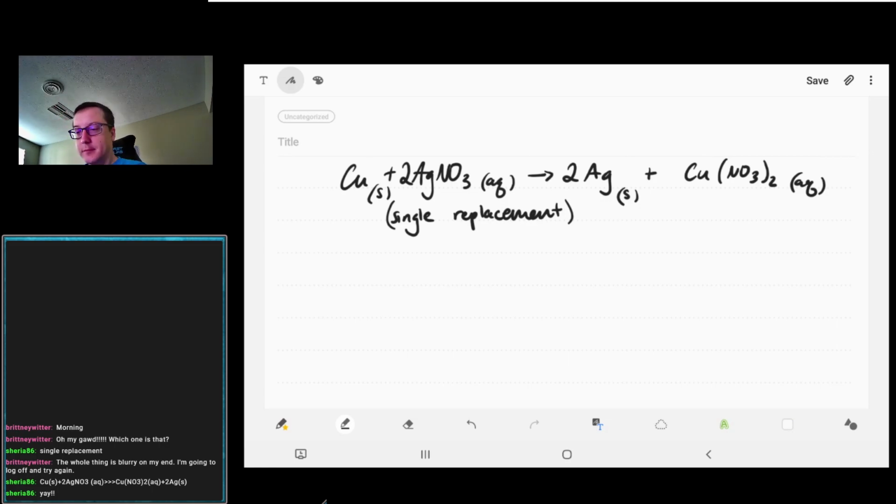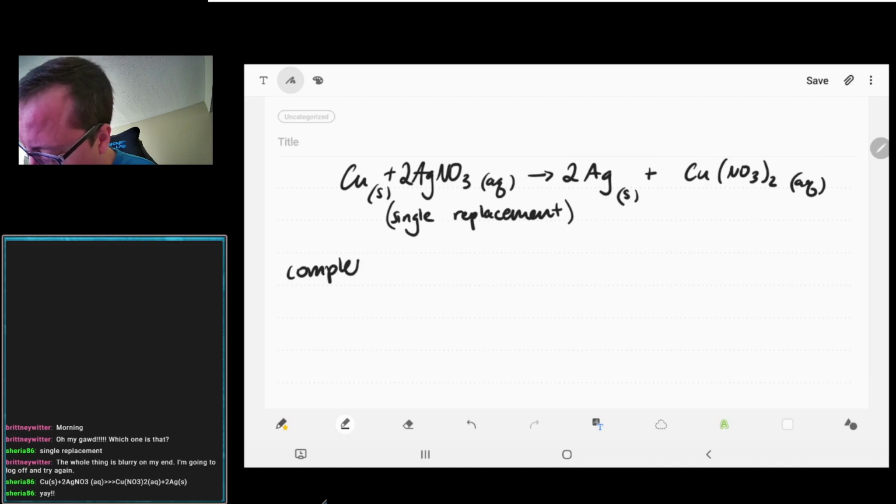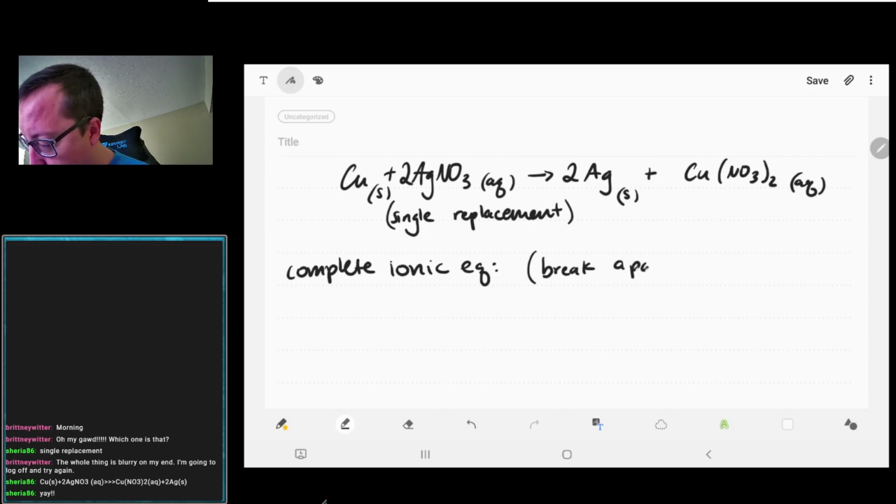Awesome. So, let's go ahead and now do our complete ionic equation. Remember, that's going to be to break apart aqueous things.